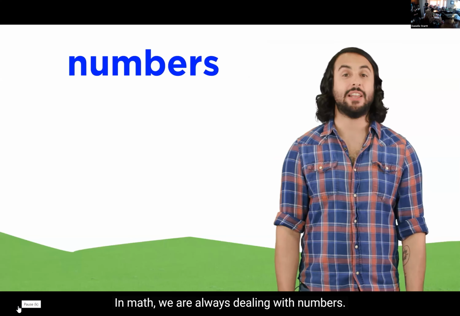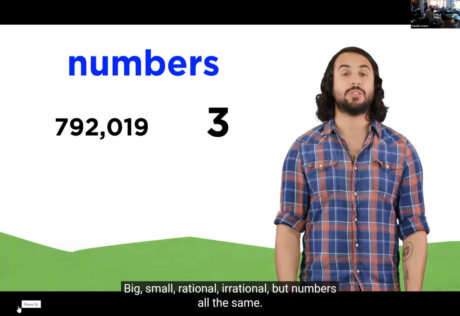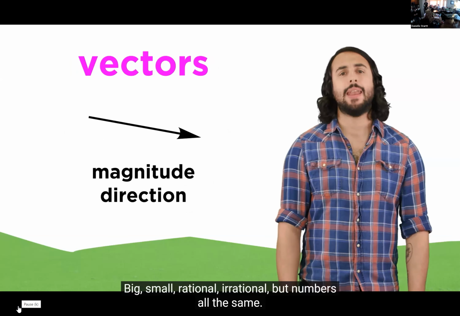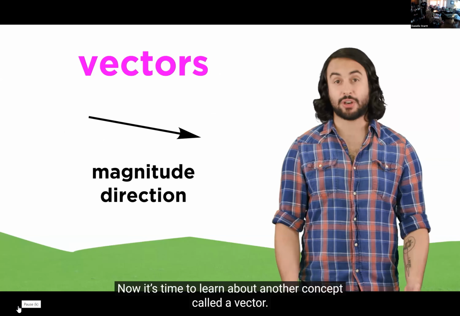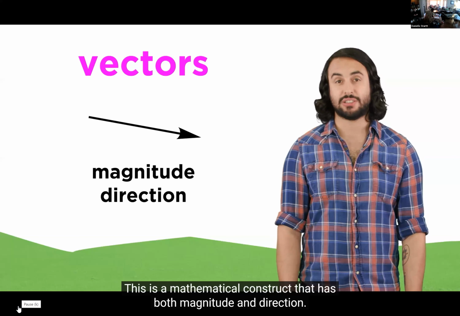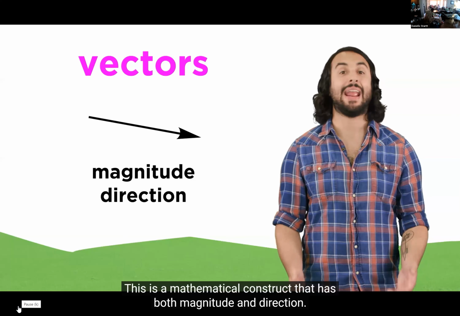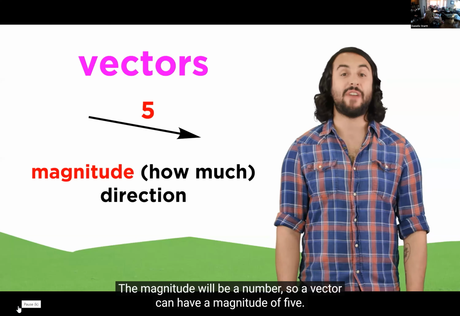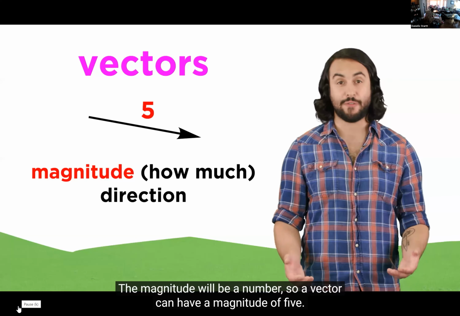We are always dealing with numbers. Big, small, rational, irrational, but numbers all the same. Now it's time to learn about another concept called a vector. This is a mathematical construct that has both magnitude and direction. The magnitude will be a number, so a vector can have a magnitude of 5.